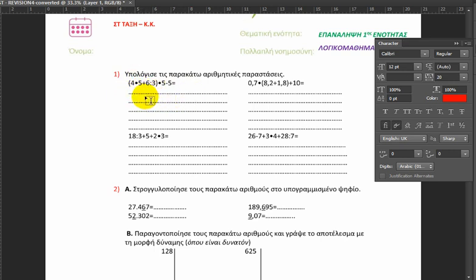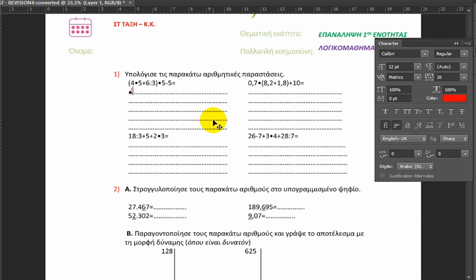We do the order of operations here, so let's get started. Inside the parentheses, 4 times 5 plus 6 divided by 3. 4 times 5 and 6 divided by 3 can be done at the same time because they don't intrude on one another.